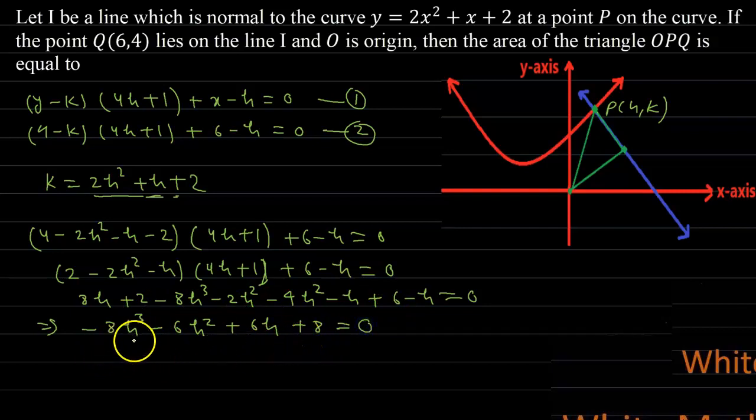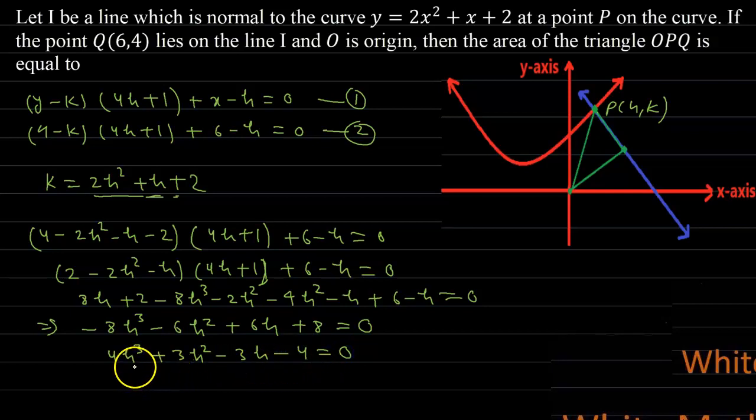Now on multiplying both sides by -1/2, we will get 4h³ + 3h² - 3h - 4 = 0.